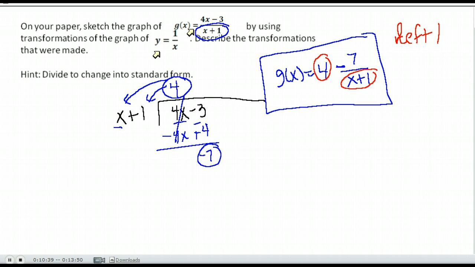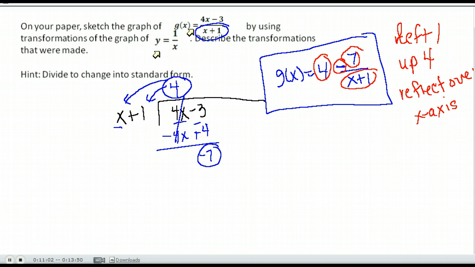Okay, we have this 4 that's added away from the fraction. I say added because it's a positive 4. That's going to move the graph up 4. We have a negative in front again, so that's going to reflect over the x-axis. Okay, so there's 1, 2, 3, and we have one more change.